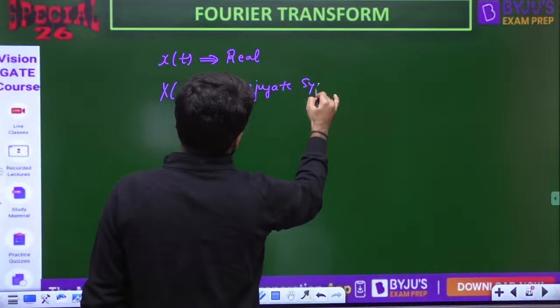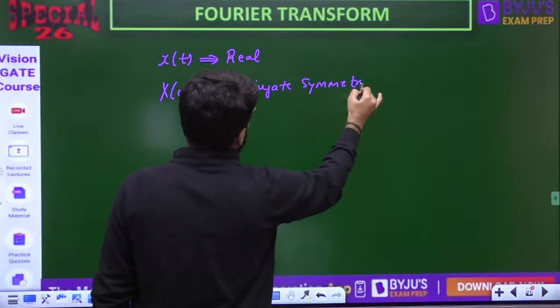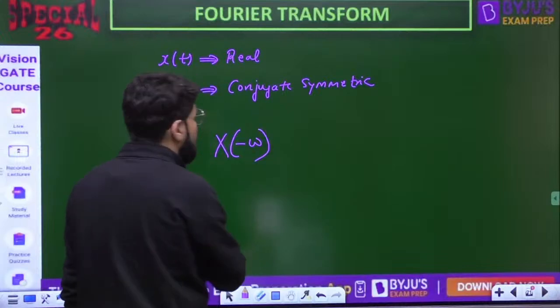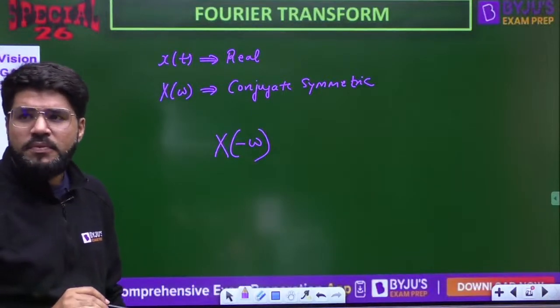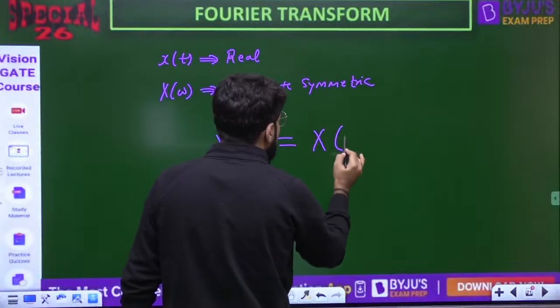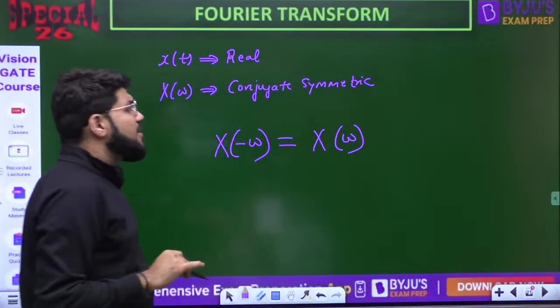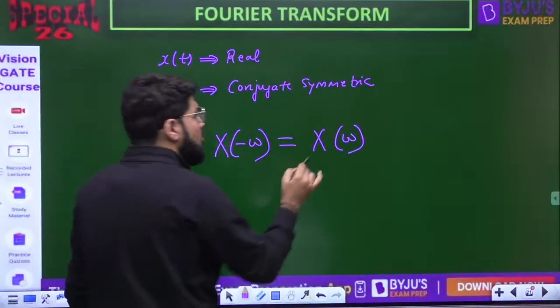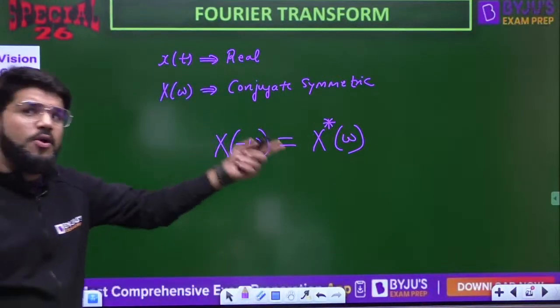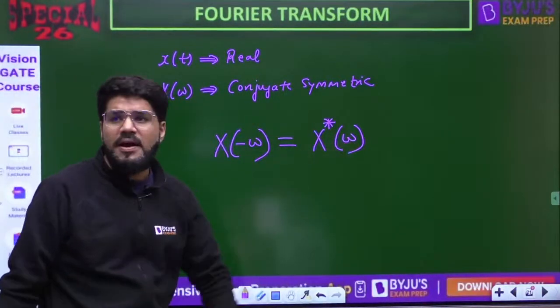Now what is this conjugate symmetric? The value of the Fourier transform for negative frequencies is given by the value of the Fourier transform for positive frequency just by taking the conjugate.